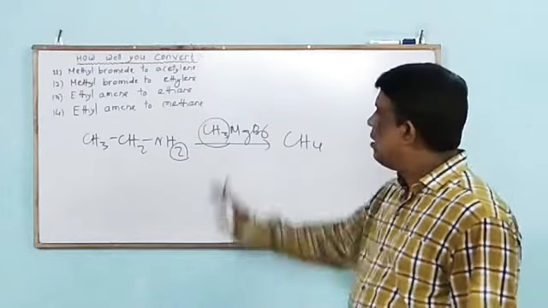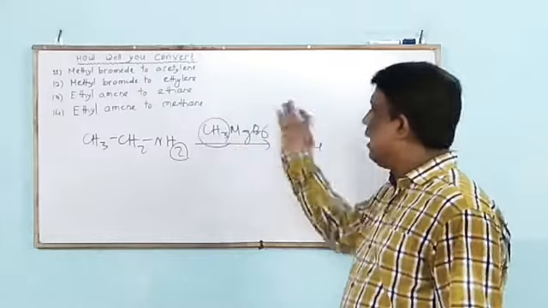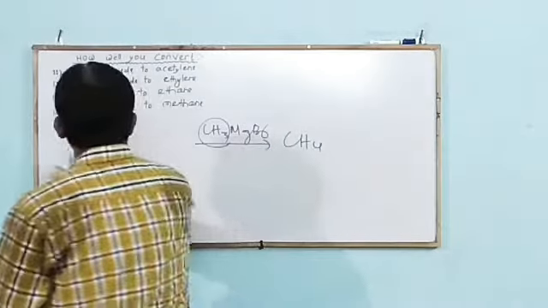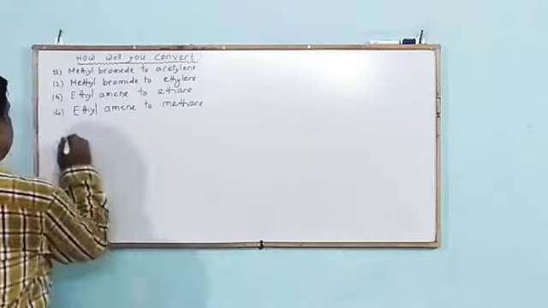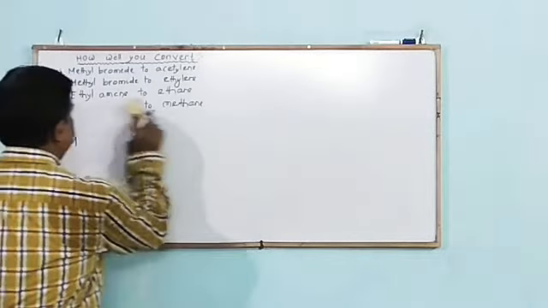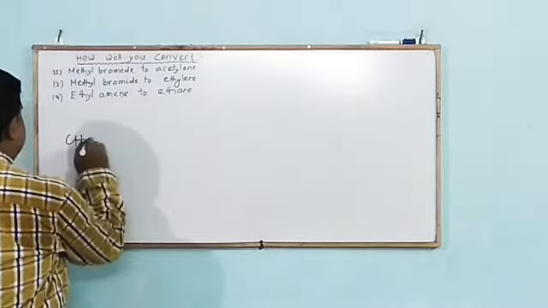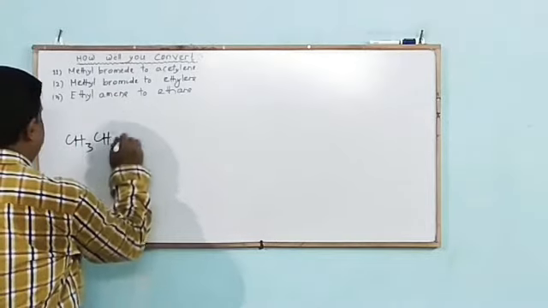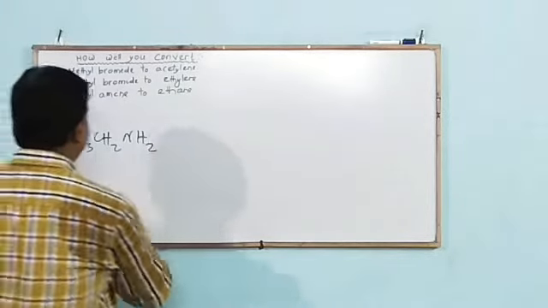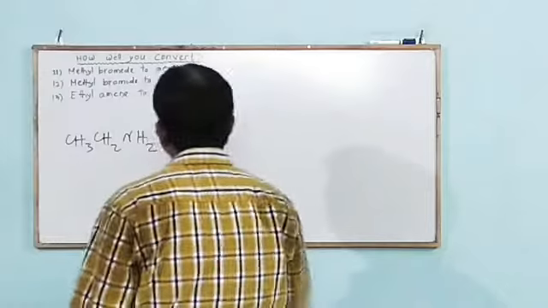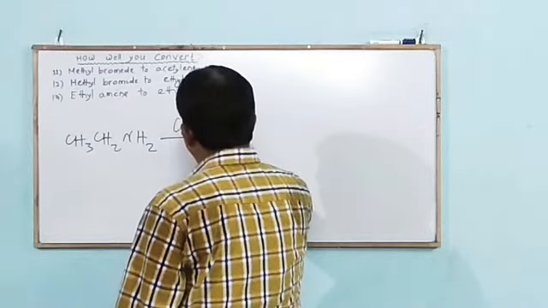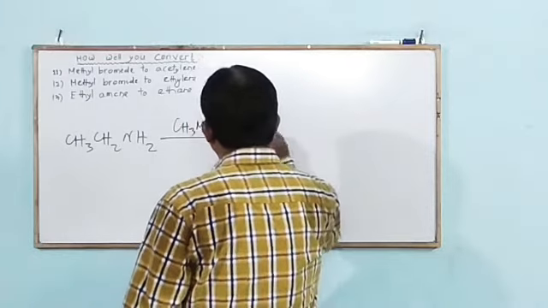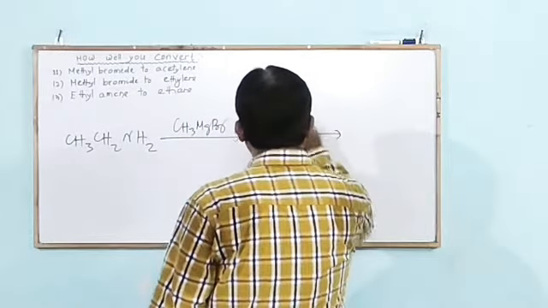Next question, ethylamine to ethane. Mark that. CH3CH2NH2, same method to form methyl magnesium bromide and then methane.